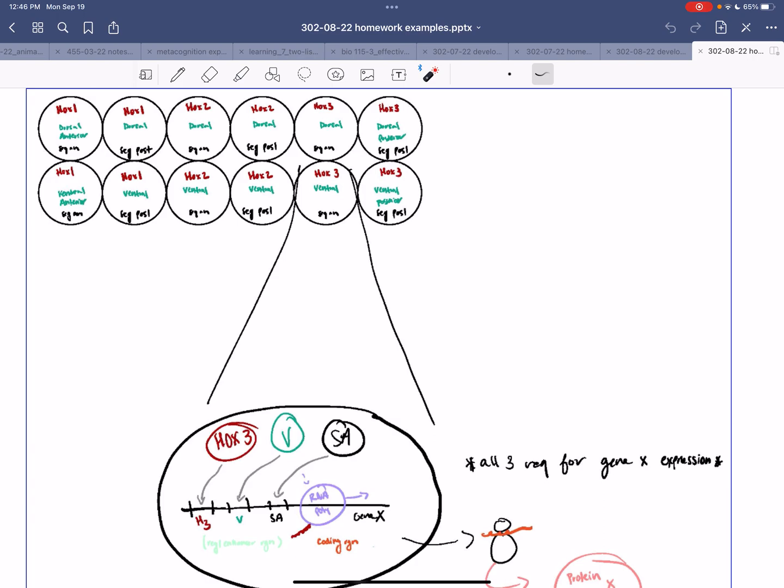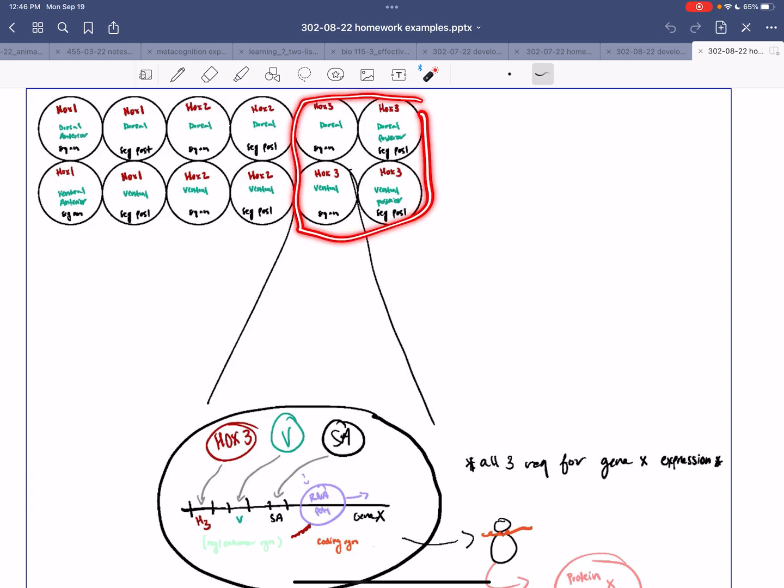The second question asked for the structure of a gene that would be expressed in a specific cell. Here's that specific cell. What you have to be aware of is, what is the set of transcription factors unique to that cell or to those cells? In this case, this is the only cell that has Hox 3.